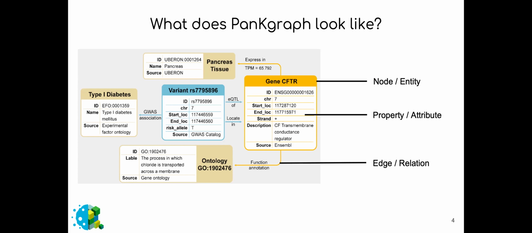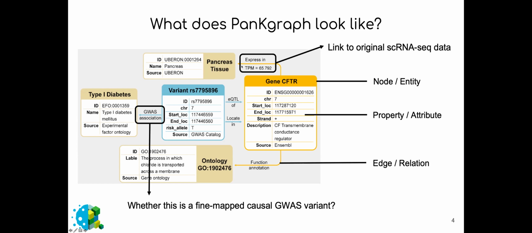And then we have edges or relations that represent the knowledge. And on the edges, we can also link back to original single-cell RNA-seq data, capturing this knowledge, this gene expressed in the pancreas tissue. And we also have other knowledge like whether this variant is a GWAS signal that is a fine-mapped causal variant.